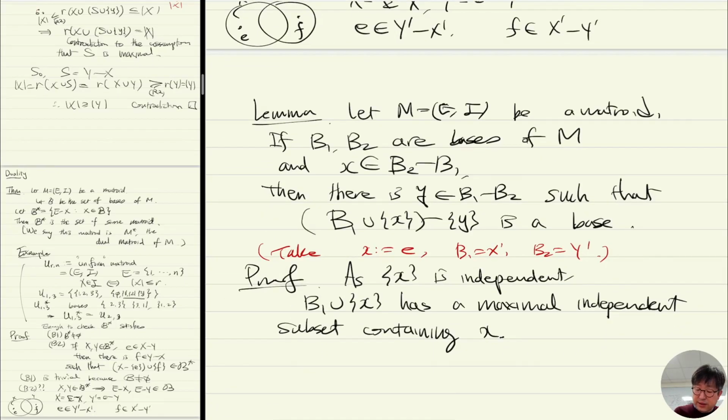And the size of this subset is equal to the size of B1 by I3, right? If it's smaller, then the size will be different.